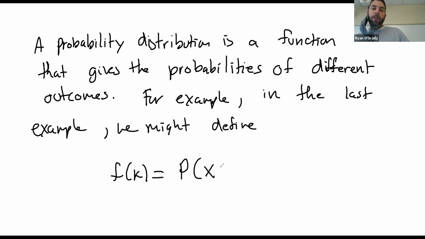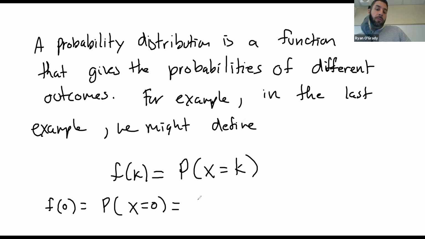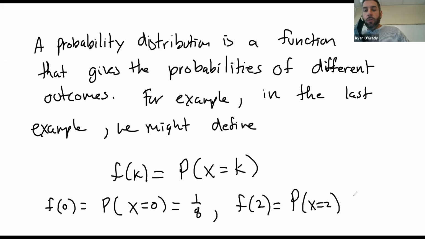It's equal to the probability that x equals k. So what is f of 0? That is the probability that we get 0 heads, which we found to be 1/8. What is f of, say, 2? That's the probability that we get 2 heads, which we found to be 3/8, etc.